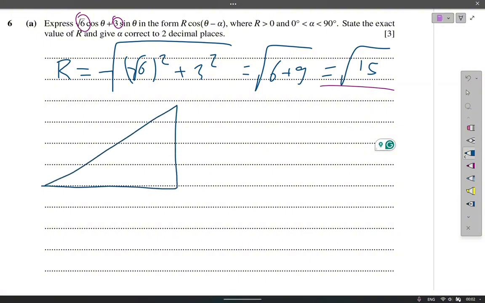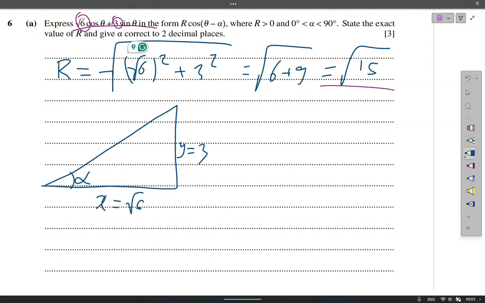So to simplify, we can just draw a triangle. We have to find this angle, and we can say the x value of this triangle here is just square root 6, and the y value is just 3.